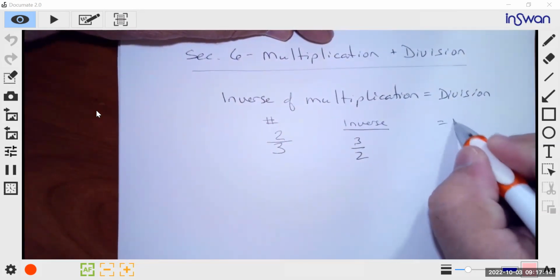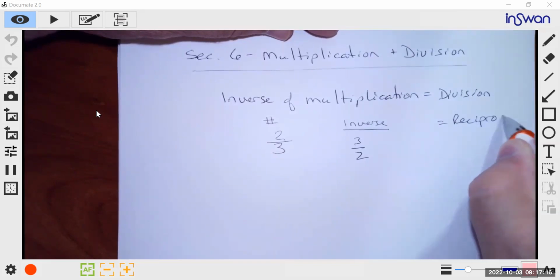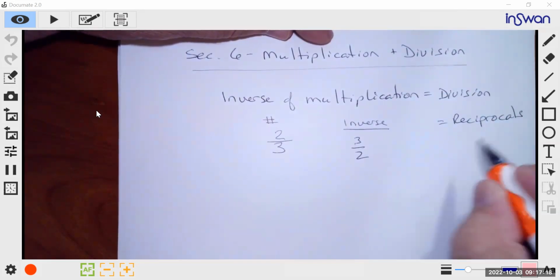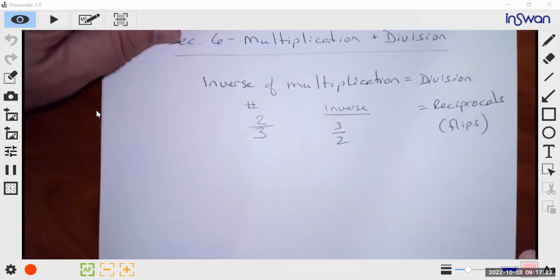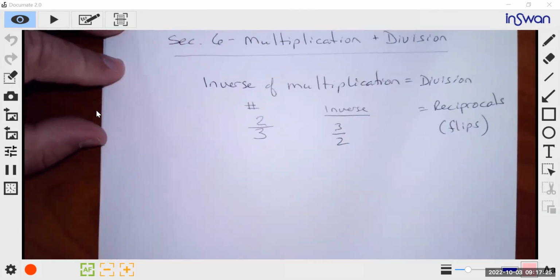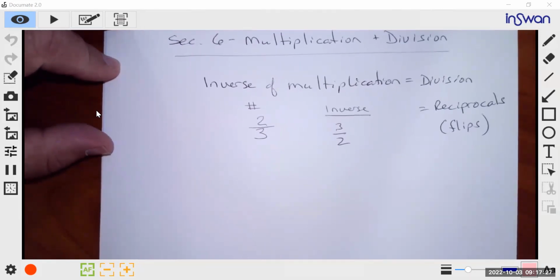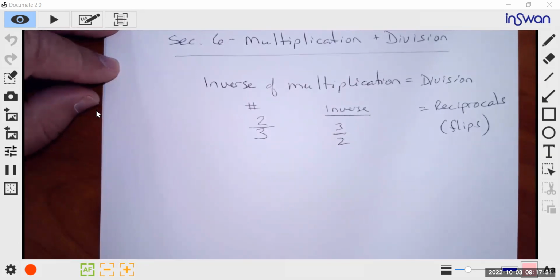These are called reciprocals or flips. The inverse of multiplication is division or the reciprocal.